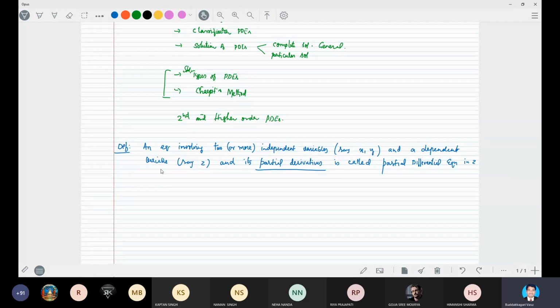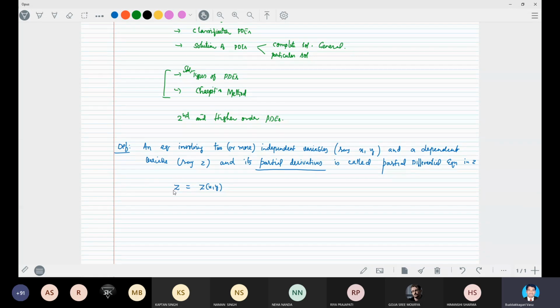Here, the dependent variable is z. z is a function of x comma y, z of x comma y, or maybe f of x comma y, whatever it is.